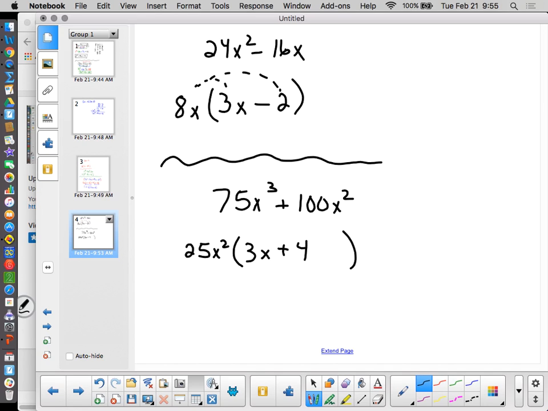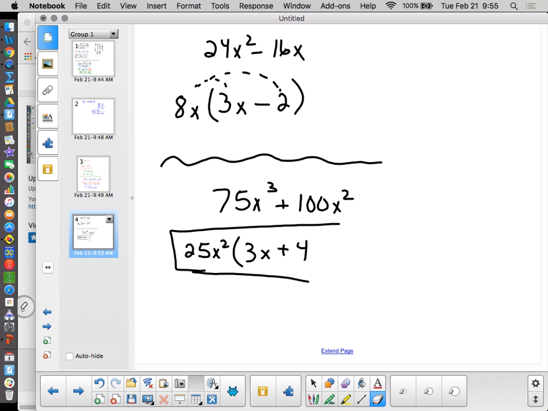X squared over x squared cancels out. I'm done. My parentheses are a little too far over. We can fix that. And I factored. So that's just basic factoring and basic FOIL. These are both skills we're going to need in Chapter 10 and in Algebra 2, so it's a great review. All right.